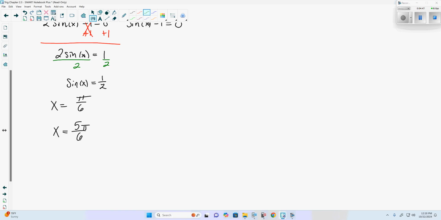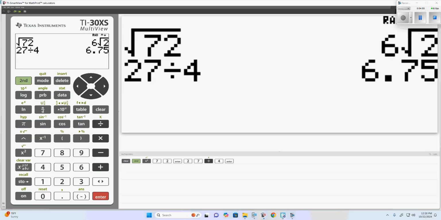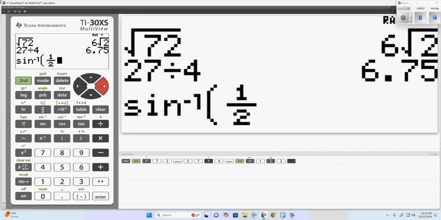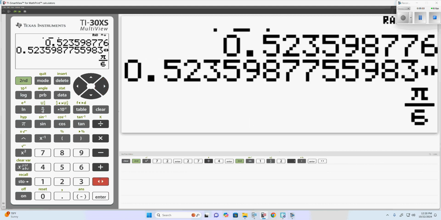Because especially for these here, it's nice to find these because using sine inverse, as we can grab the calculator again, there we go. It's in radians. I can say sine inverse of 1/2, which does tell us pi over 6, but it doesn't give us the other angle that would give us this 1/2 for sine.